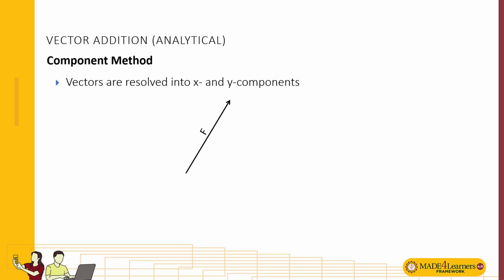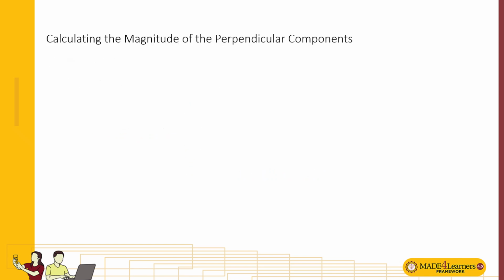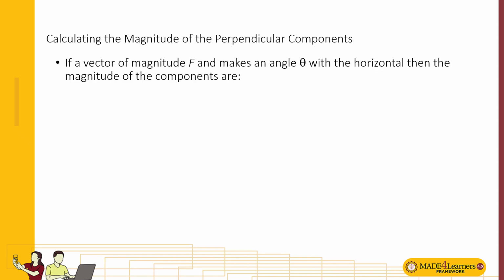If you have, let's say, a vector labeled F, let's say it's a force, the vertical component is what we call the y component from the y-axis, and the x component from, of course, the x-axis. So we can use trigonometry in finding the magnitude of the components of your vector quantity.